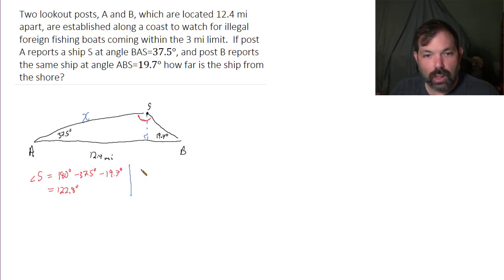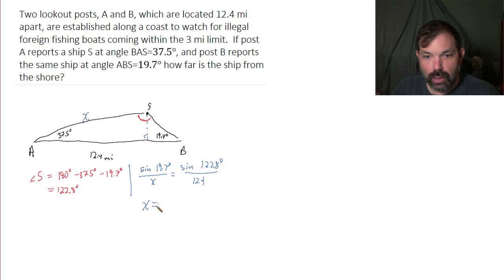So then, using the law of sines, I can say that the sine of 19.7 degrees is to X as the sine of 122.8 degrees is to 12.4. So then, using a little bit of algebra, we use cross products and we divide.